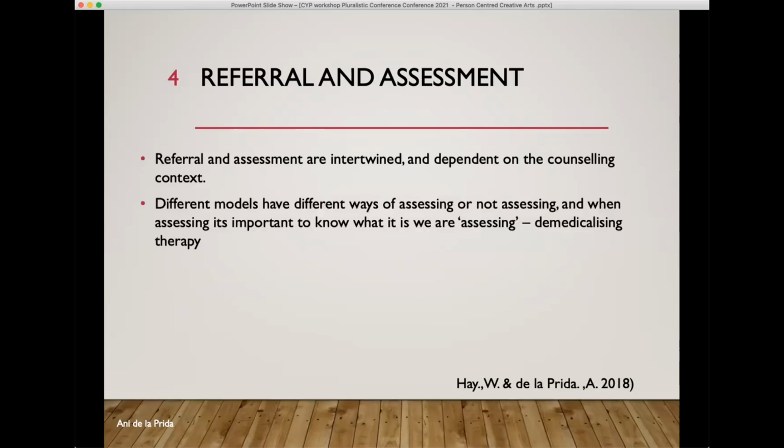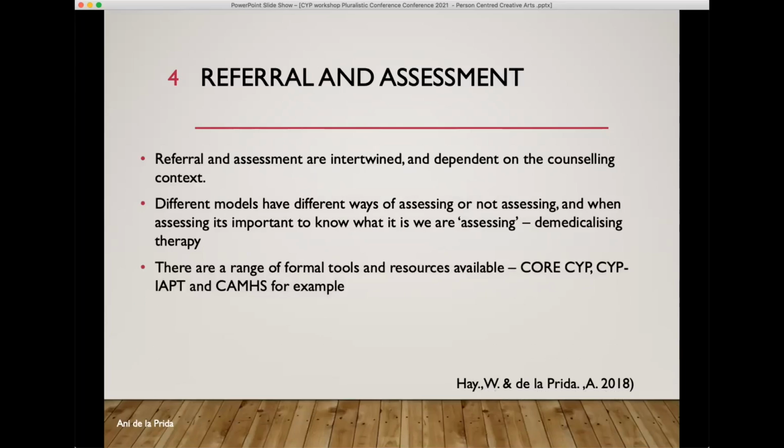Different models have different ways of assessing, or different types of information they might be seeking. It's really important to know what we are assessing. Are we assessing a symptom, a child, or suitability for counselling? Because they're different things to be assessing. So I think it's really important to have that in mind when we're doing assessments.